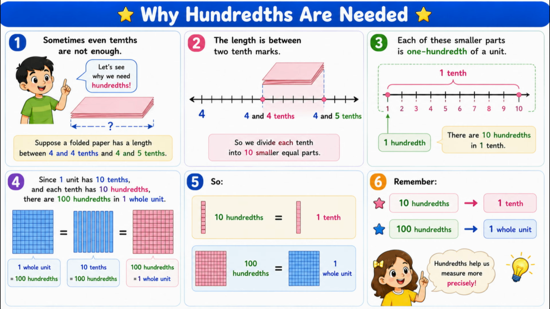Each of these smaller parts is 1/100th of a unit. Since one unit has 10 tenths and each tenth has 10 hundredths, there are 100 hundredths in one whole unit. So, 10 hundredths make 1/10, and 100 hundredths make one whole unit.